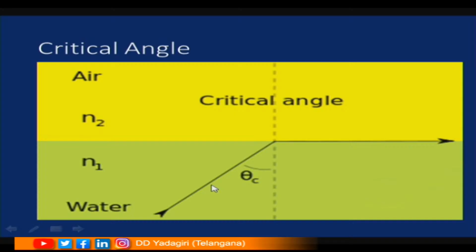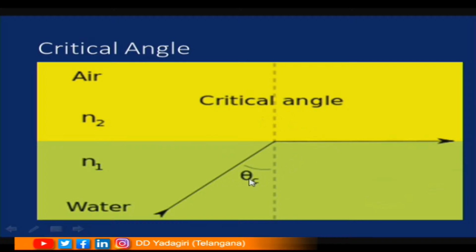Suppose we go on increasing the angle of incidence. At a particular angle of incidence theta c, the refracted ray is grazing along the surface. When the refracted ray is grazing along the surface, we treat the angle of refraction here as 90 degrees.